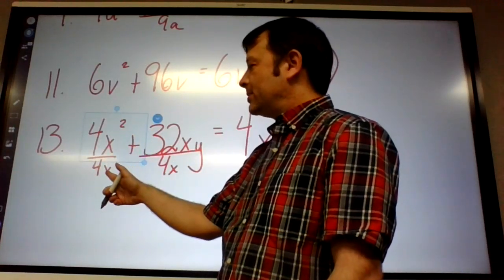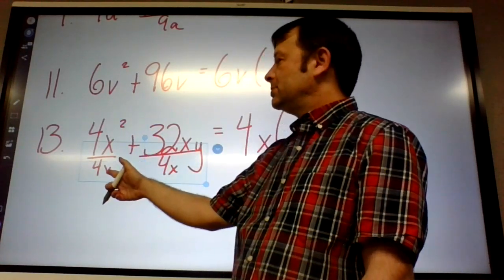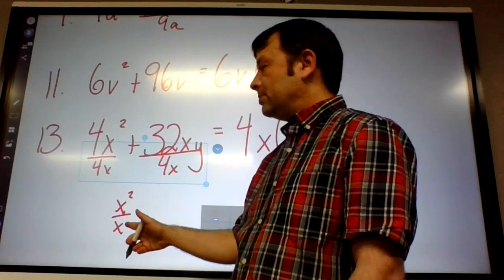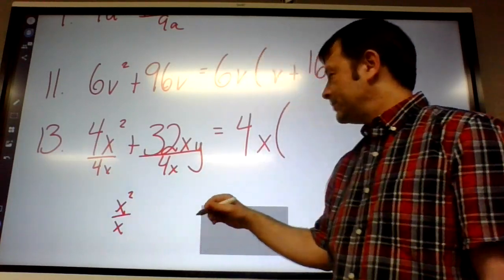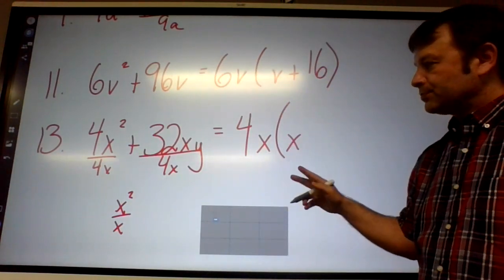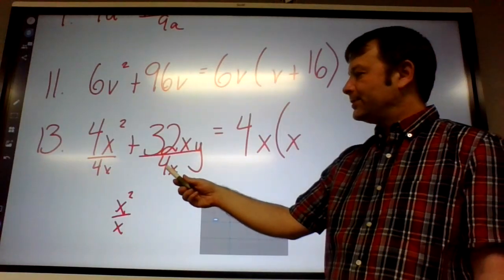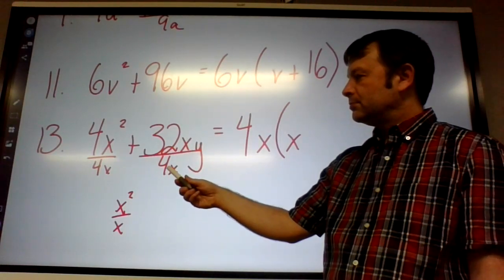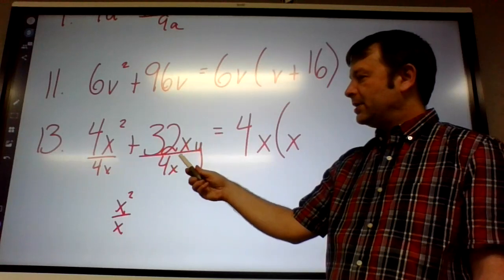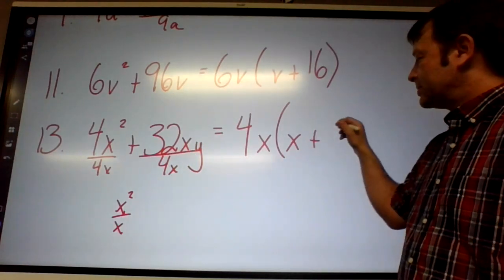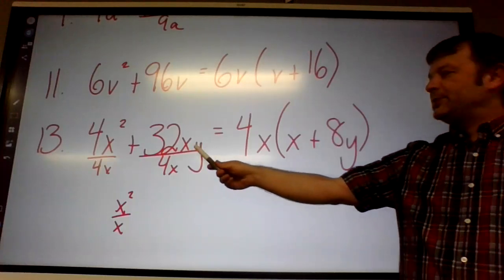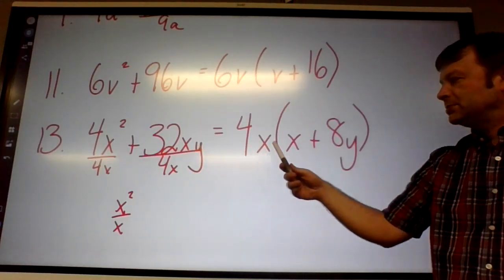X squared divided by X? It's kind of like 2 minus 1, just leaves 1 X. Okay, how about over here? 8Y. Yes. Yeah, the X's went away, but there's still a Y left on this one.